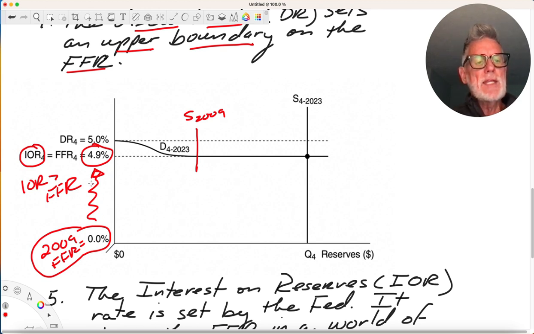Okay, so the Fed can move this federal funds rate by moving the IOR and changing the incentives for banks. Either do we park our funds in a reserve account with the Fed and earn the interest on reserves, or do we take those reserves and loan them in the federal funds market? That becomes the choice, and that IOR rate is going to influence that choice.